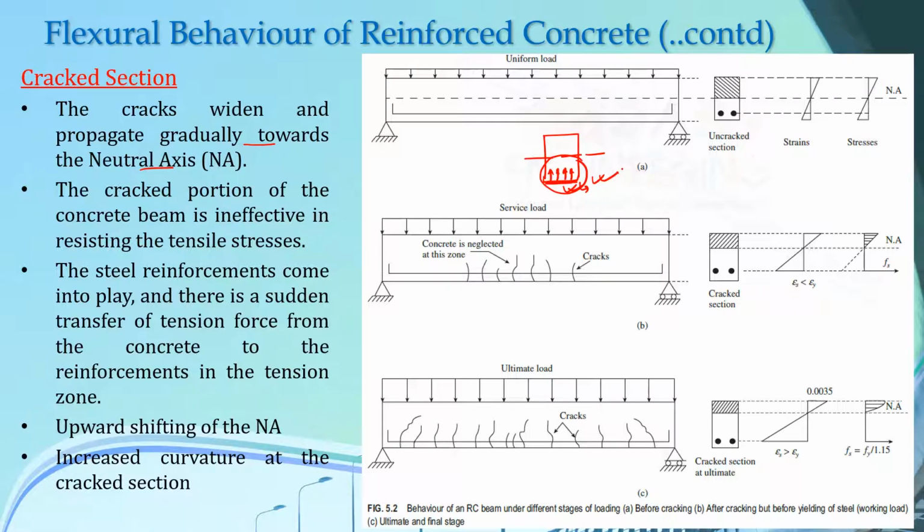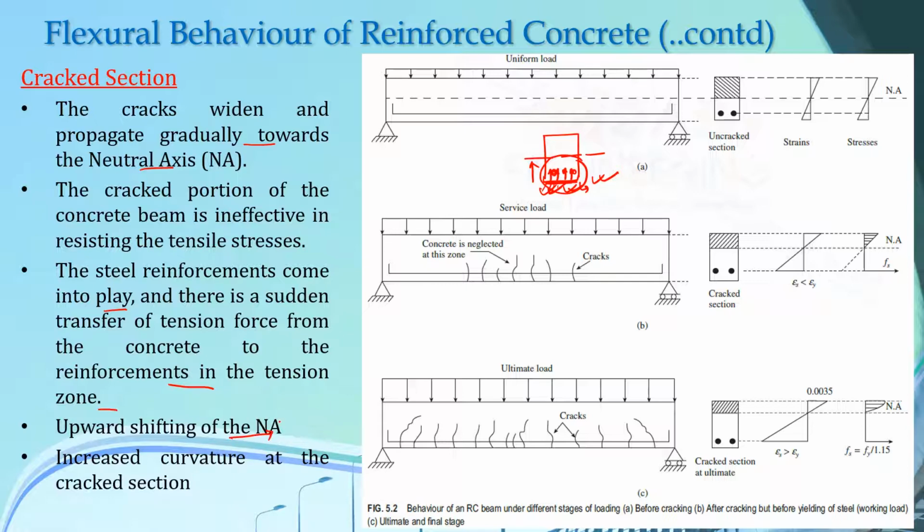At one point, the steel reinforcements come into play as these cracks widen and become bigger and propagate towards the neutral axis. The steel reinforcements come into play and there is a sudden transfer of tension force from the concrete to the reinforcements in the tension zone. There is an upward shifting of the neutral axis.